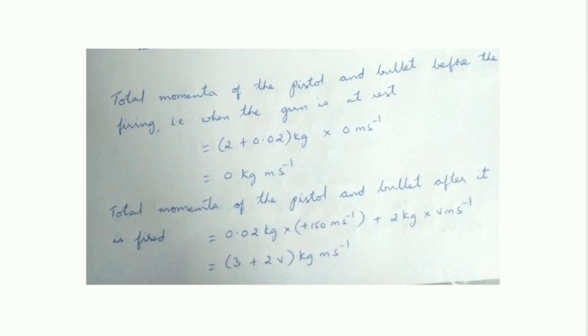Here 0.02 kg is the mass of the bullet, plus 150 meters per second is the velocity of the bullet, 2 kg is the mass of the pistol and v is its velocity after firing. That gives us 3 plus 2v kg meters per second.